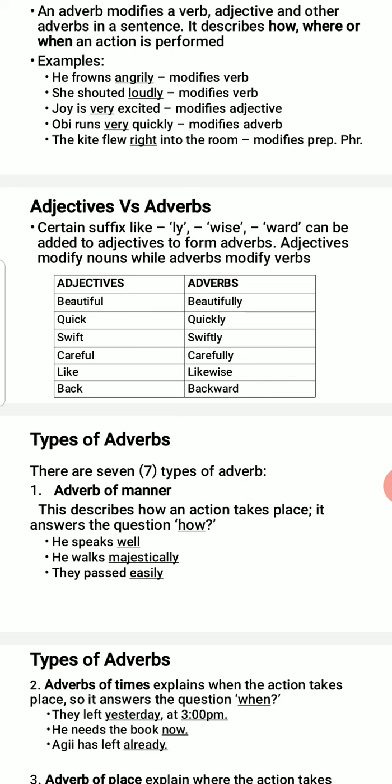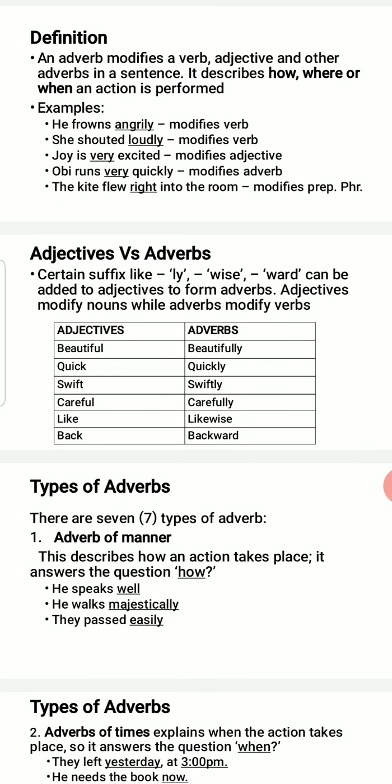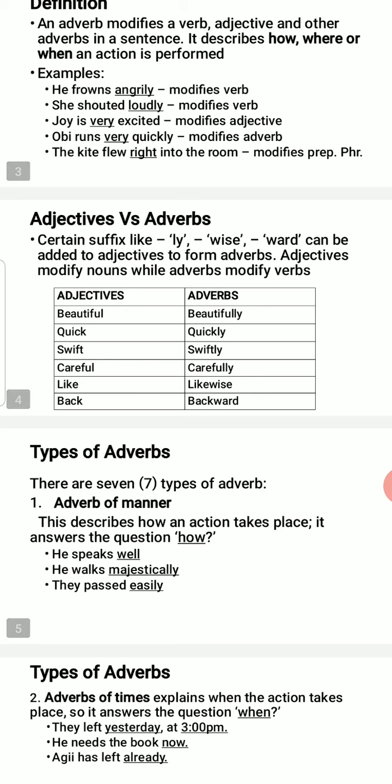Again, John dresses beautifully. So beautifully is modifying dresses, which is the way, the manner he dresses. Beautifully. The manner of the dressing.